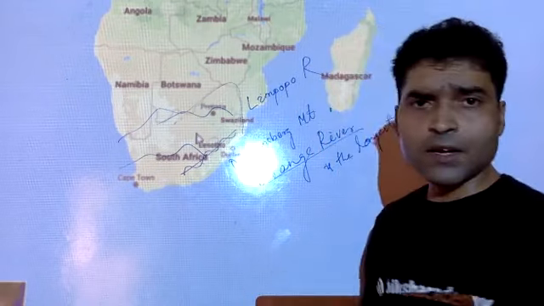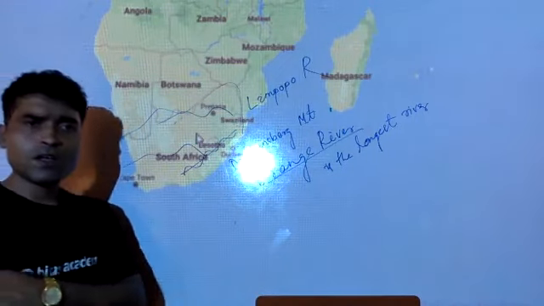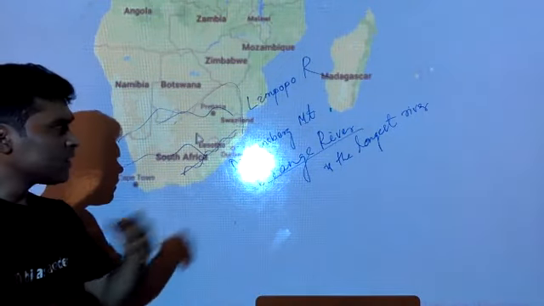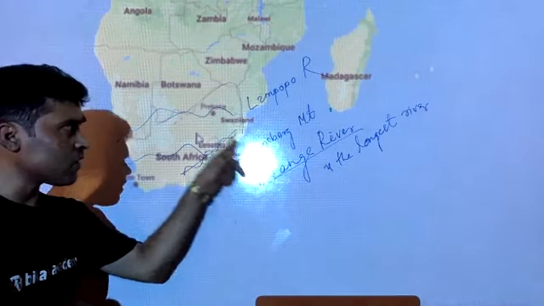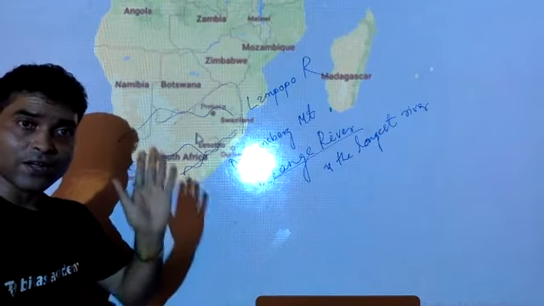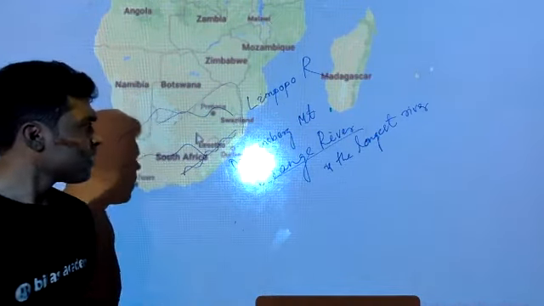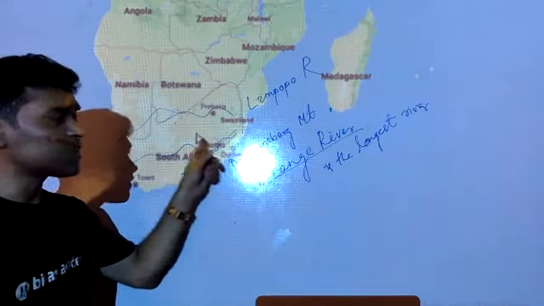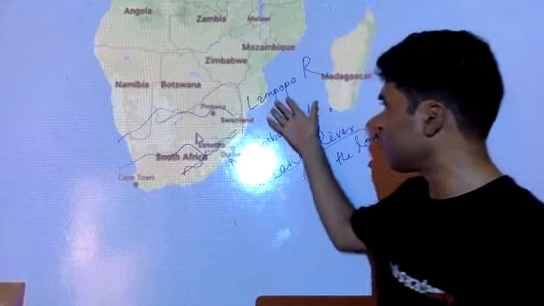Two rivers are very important in this part, South Africa: Limpopo River and Orange River. Orange River is the longest river of South Africa, not Africa. The Nile River is the longest river of Africa and also the world. Anyway, I hope you got these two rivers.